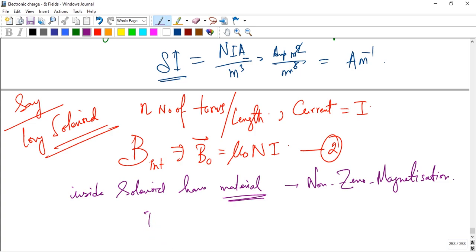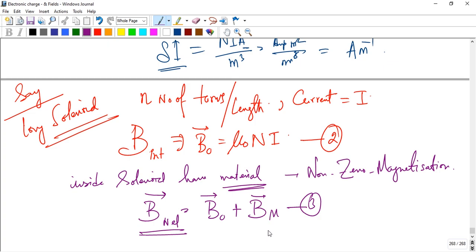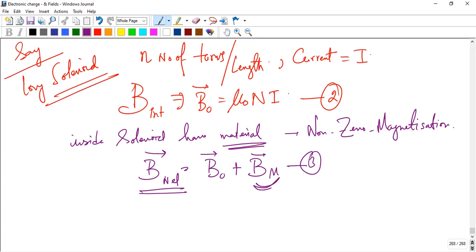That is the net field. The net magnetic field equals B naught when there is no material inside the solenoid; when there is a material inside, the field is combined with that of the material core.